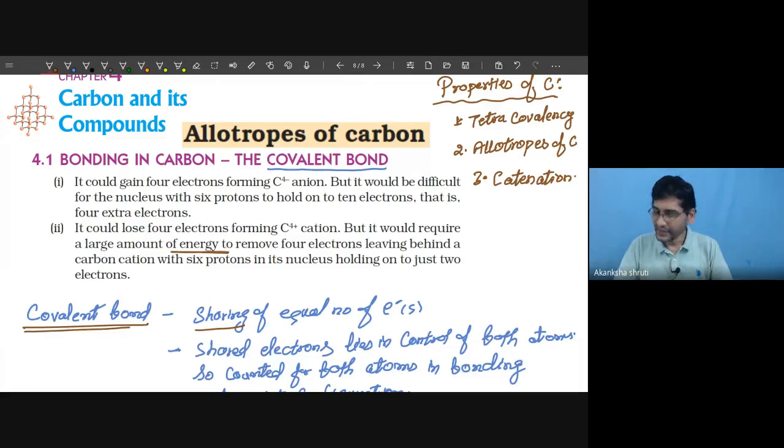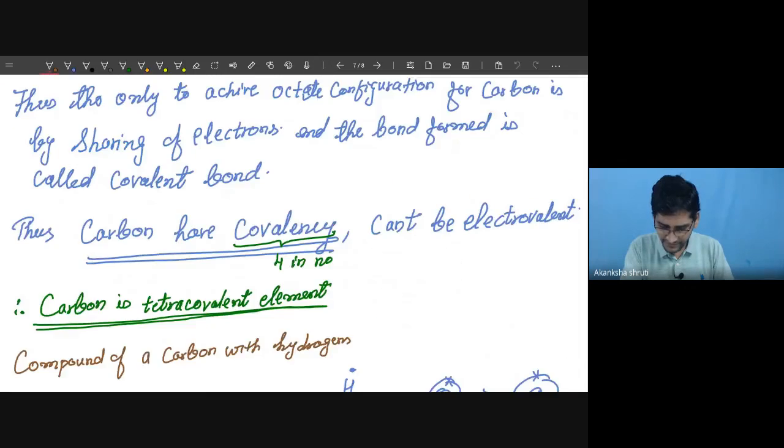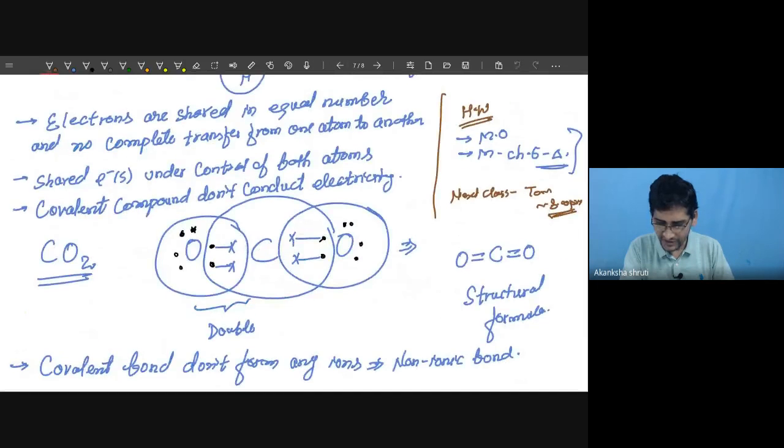That is one thing. The other one, like last day we discussed, say if we consider the structure of CO2, here we observe carbon has shared 2 electrons with the oxygen on the right hand side, and the 2 electrons of the right hand side oxygen are also being shared by this carbon.